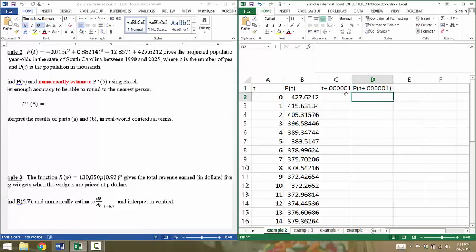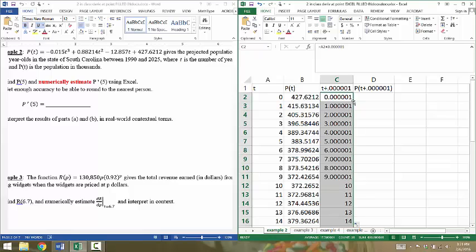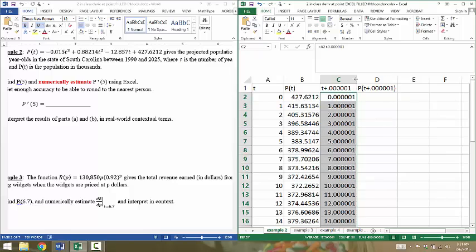So in column C, it will equal the original x value plus 0.000001. So it's a little tiny bit to the right. I resized my columns so that it will actually show the digits of the value. Drag the formula down. Again, resize your columns so that you can actually see the values.